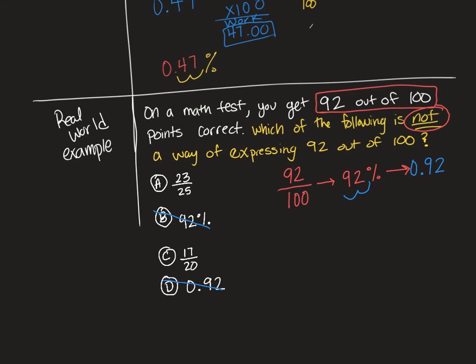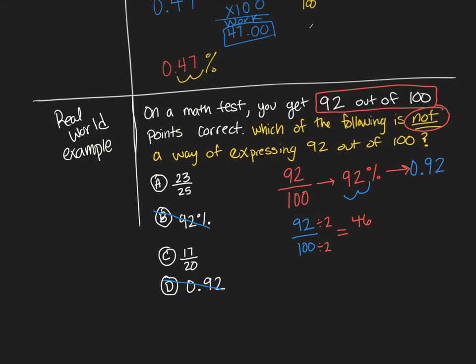So now it's just between A and C. So 92 out of 100, I can actually reduce. And remember I taught you, if they're even numbers, just divide by 2. You can divide by 2 again and again until you get a prime number or an odd number. 92 divided by 2 is 46.